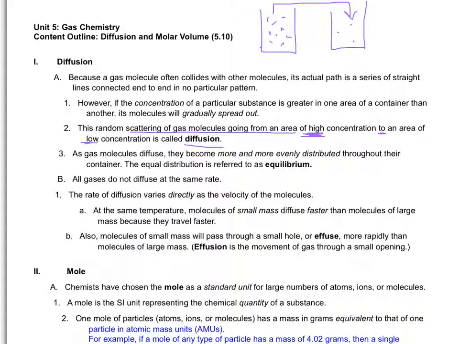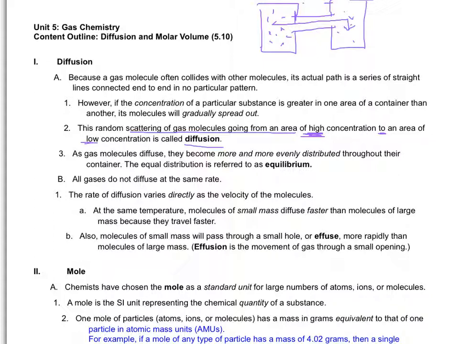If there was some way that these two were connected, if there was an opening, let's say these are closed containers and they have an opening, then they will always flow from the high to the low, always. They will not go back the other way. They will always flow from high concentration to low concentration.